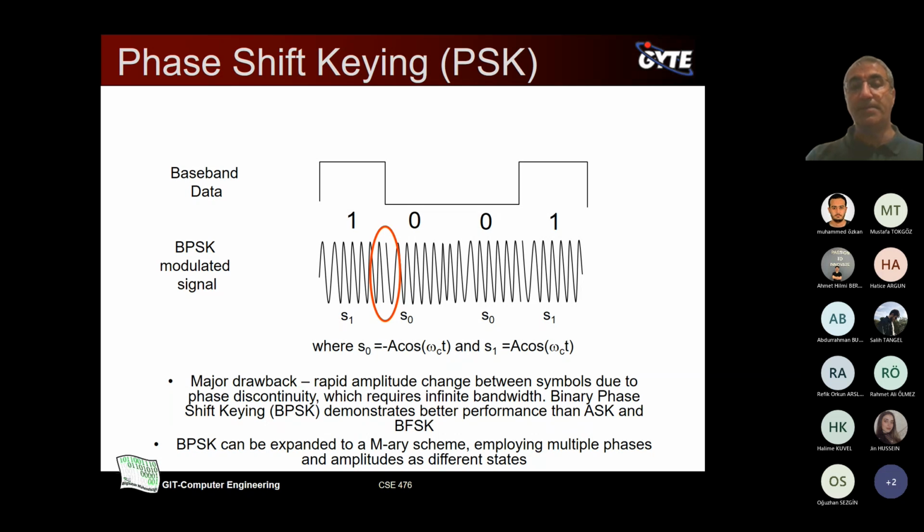And this requires infinite bandwidth. If you want to compare this with the other types of modulation, BPSK performs better than the previous two modulations, which were ASK, amplitude shift keying, and binary FSK. Similar to the previous, this is the case for the binary, only two symbols. This can be expanded to the M-ary scheme, which can employ multiple phases.